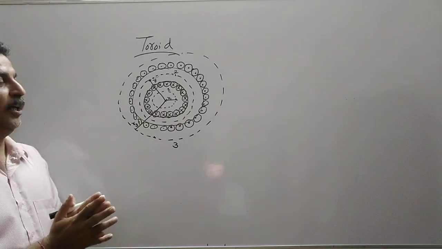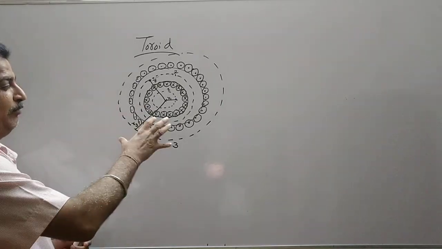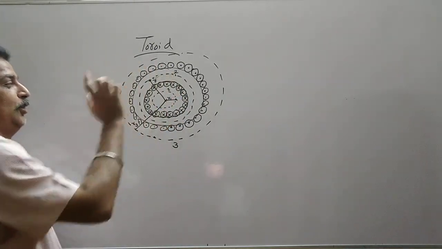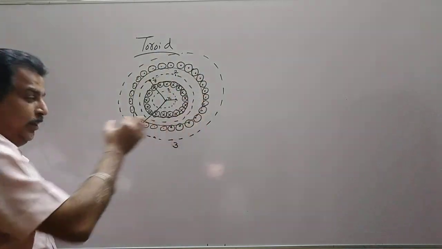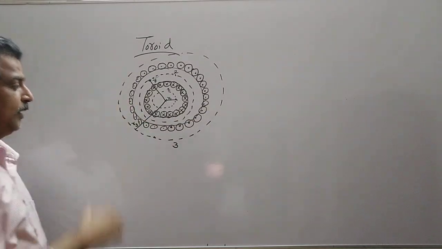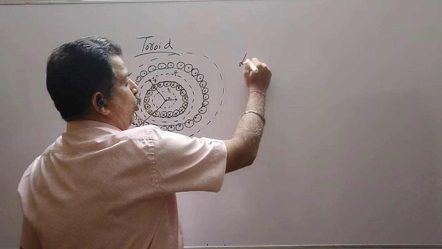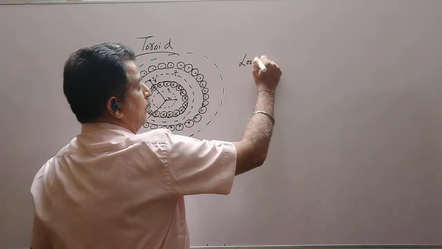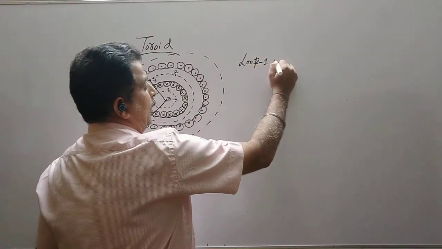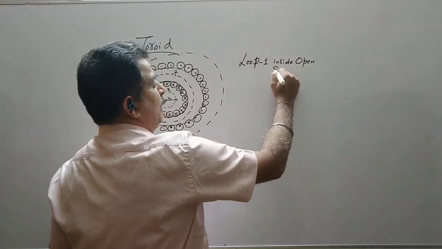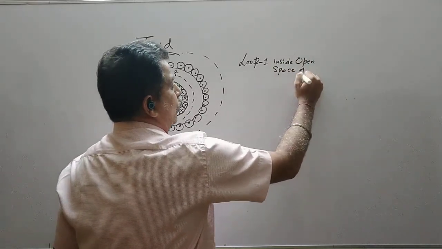So you have to find out the magnetic field intensity inside the open space of a toroid. Inside the toroid, this is our toroid region and this point is outside. So these are the 3 points. So we have loop 1 inside the open space of the toroid.